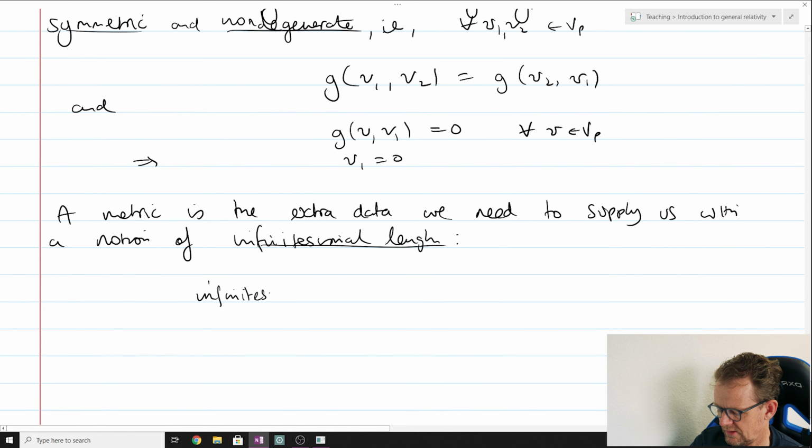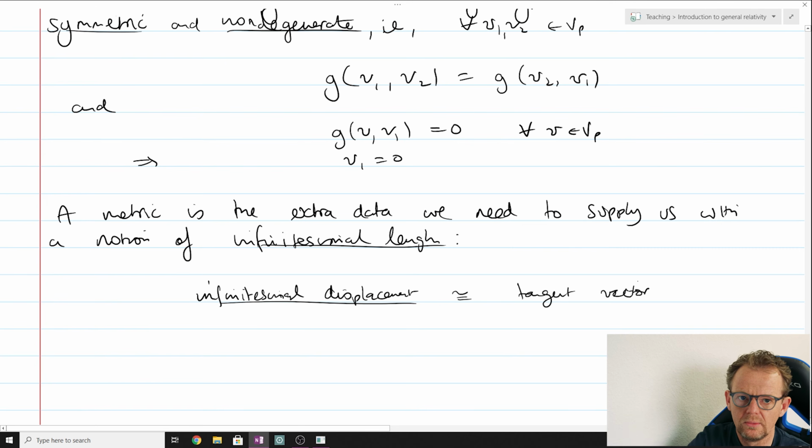You can think of an infinitesimal displacement as being represented by a tangent vector. You know, a tangent vector tells you how to move along a curve just by a teeny infinitesimal bit. So that's like a displacement.